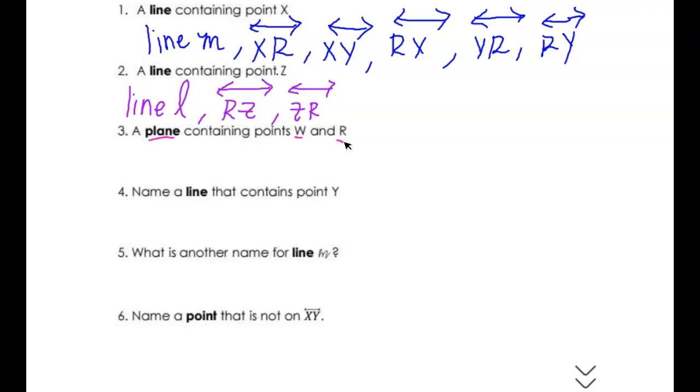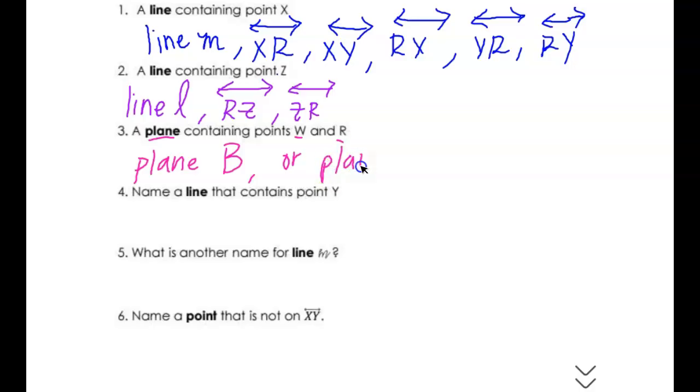What do we need for plane? Uppercase. So we cannot use N. What can we use? Plane B. We cannot use lowercase for planes, only uppercase. So if you put N, please erase it. It's okay if you do it wrong.